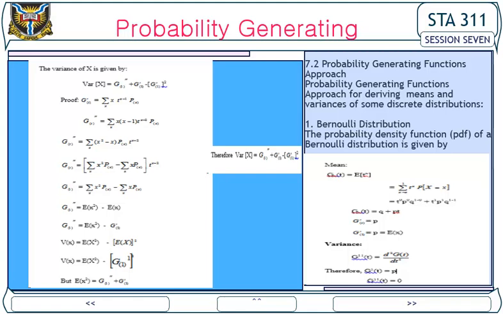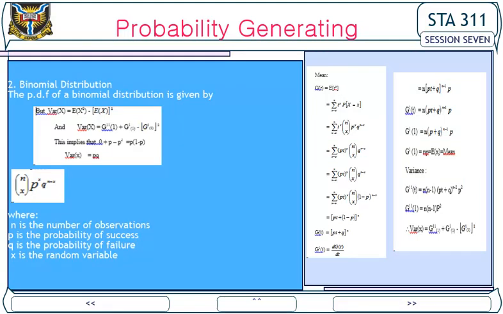The probability density function (PDF) of a Bernoulli distribution is given by, with mean G_X(t) equal to, E(X) equal to, and variance of X equal to. This implies that the variance is equal to pq.